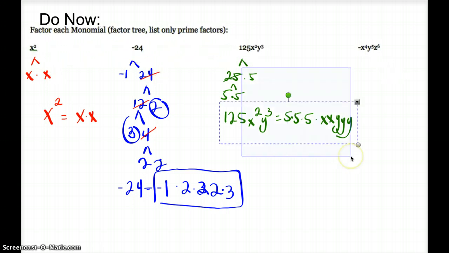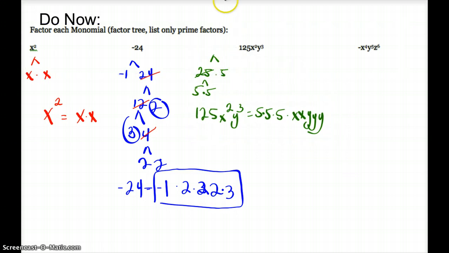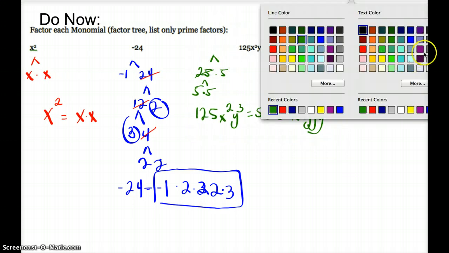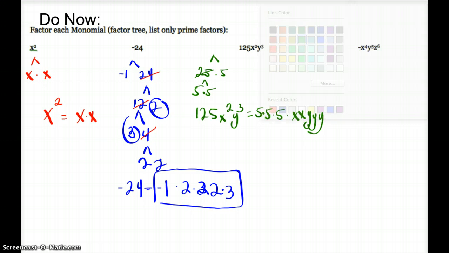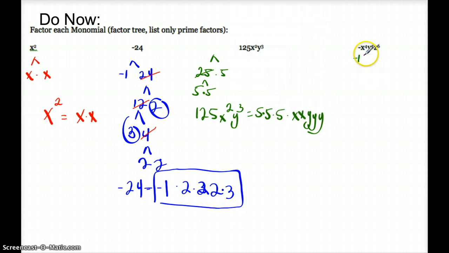Last but not least, I see a negative again. So first things first, negatives leave first. So this one's going to be negative 1 times x to the 4th, y to the 5th, z to the 6th. I'm just going to list them.